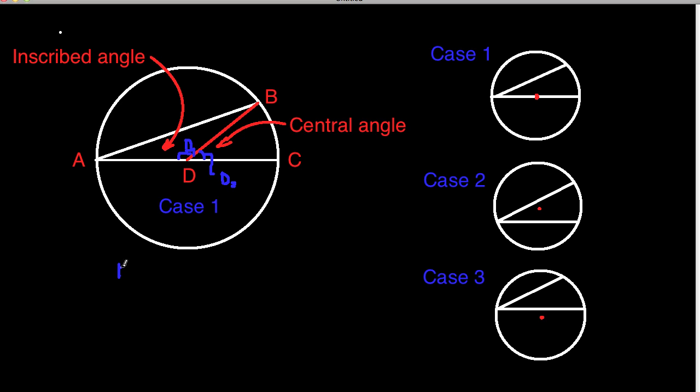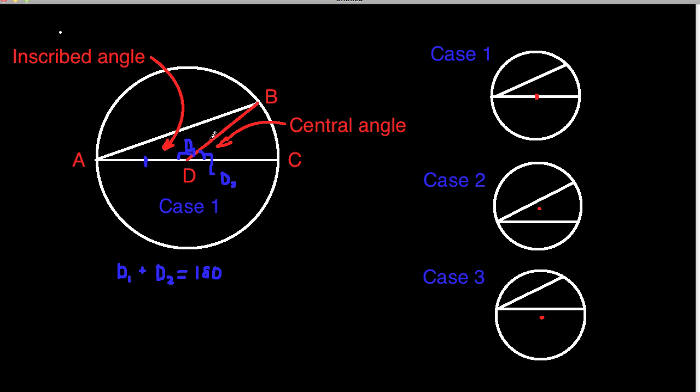Let me write that. D1 plus D2 equals 180 degrees.